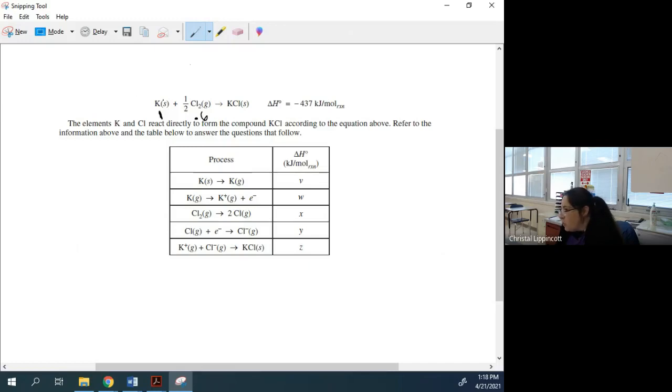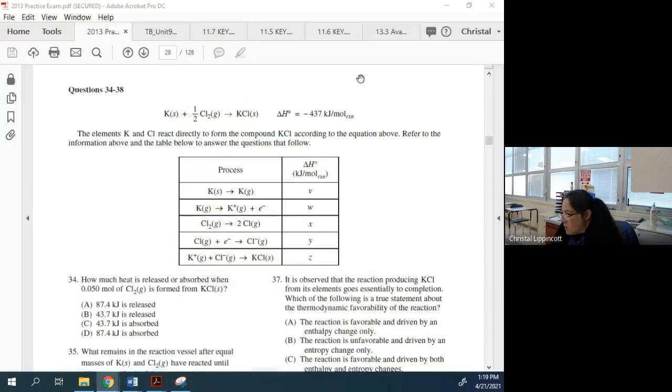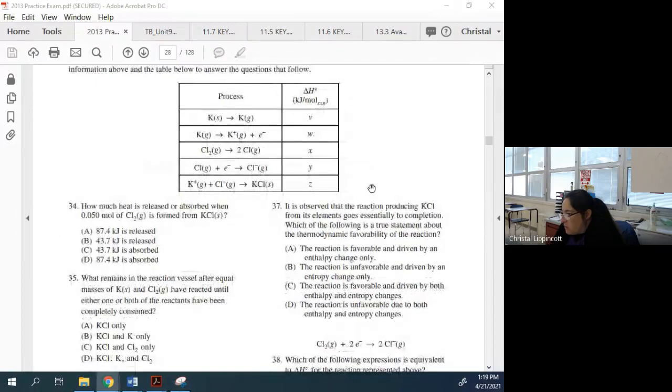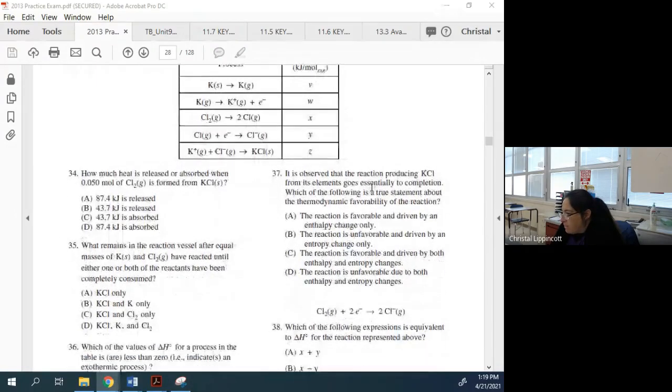I'm going to use up 2 of these for every one of these I use up. So if I use all of this up, I'm still going to have some of this left over, and I will have made some of that. But I'm not going to have any of this left. Does that make sense? So the answer for that one is indeed C.